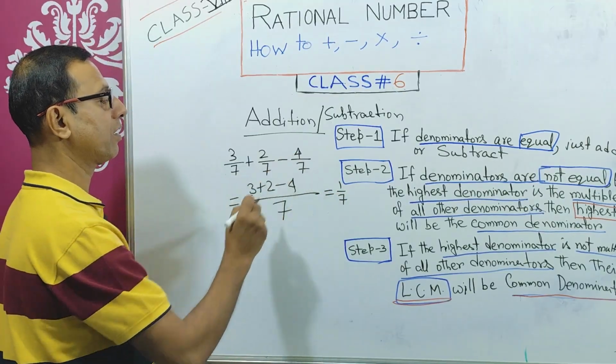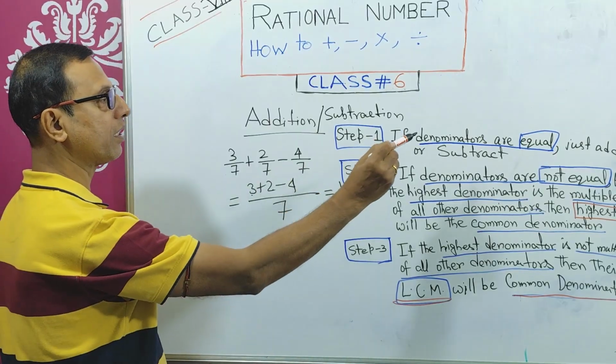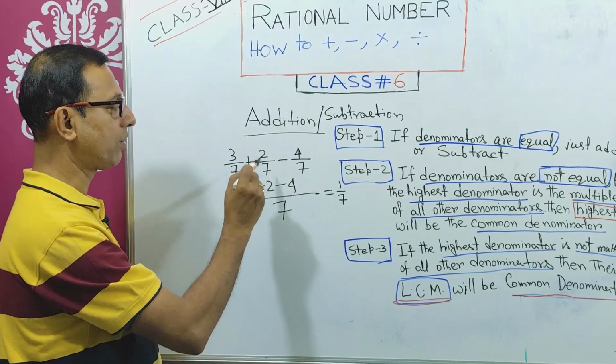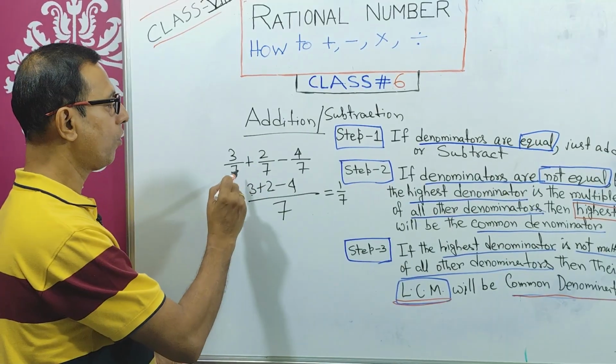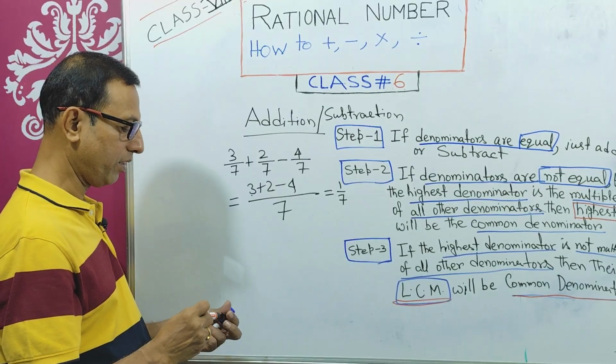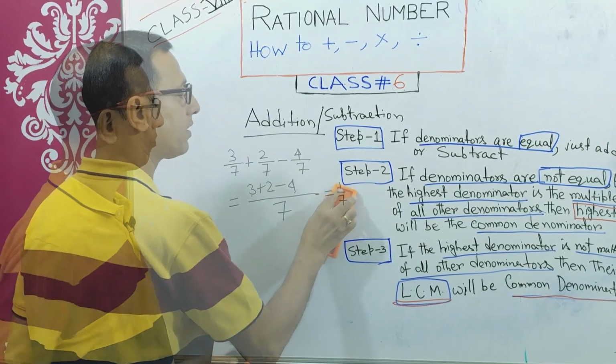So both addition and subtraction are covered in this example. If the denominators are equal, just add or subtract. You don't need to do anything else with the denominator part, only that the existing denominator will be the common denominator. Fine. Then coming to the second example.